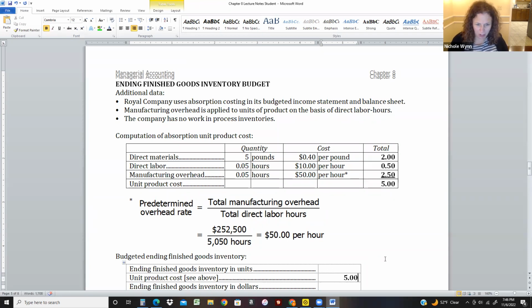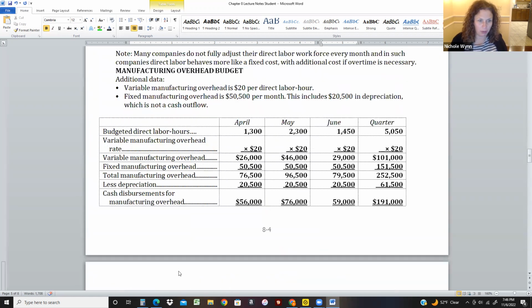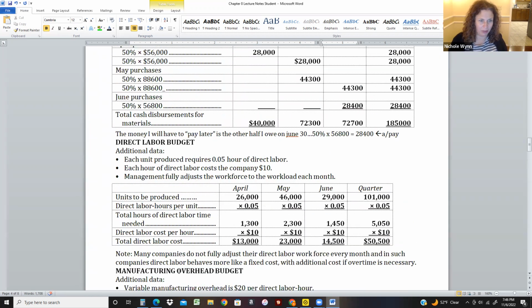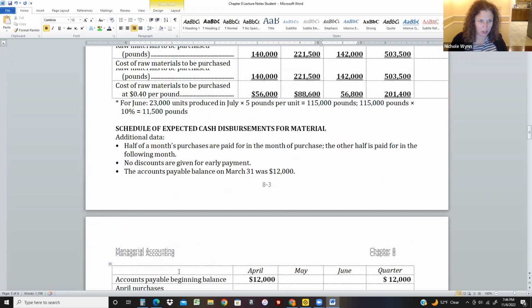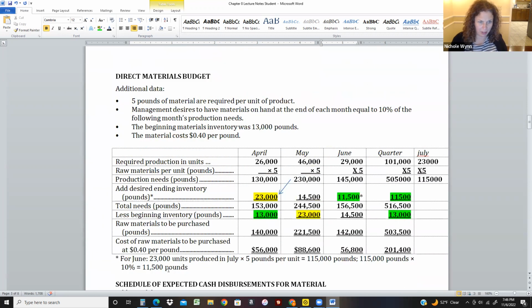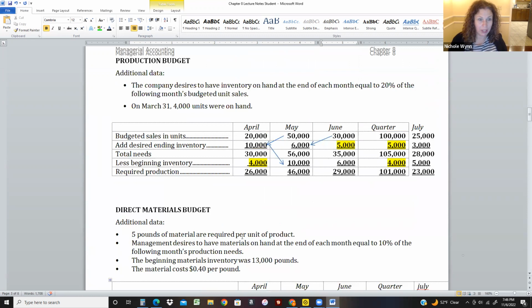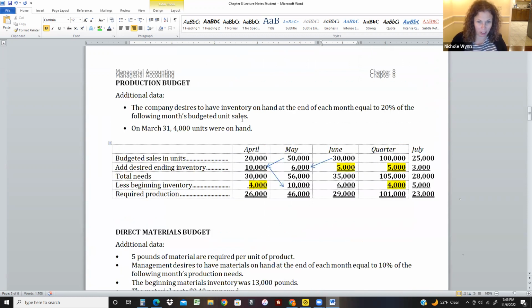And to find the number of units that I'm going to end with, I usually make the students go find it. So if we scroll around, what we're looking for is how many units are we going to have on hand on June 30? So we're looking for units. This is overhead and this is labor, and that's paying for material, and that is buying material. But here is that production budget. And what I want to know is how many units am I going to have on hand on June 30th?